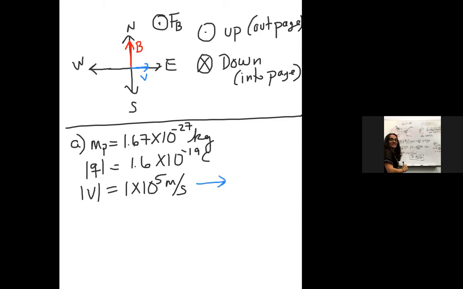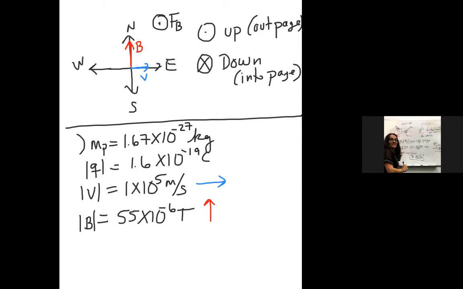And then what else? We were given a strength of the magnetic field of 55 microteslas, and we were told that that points north. So the magnitude of what, oh, I'm sorry, this is part B, not part A.